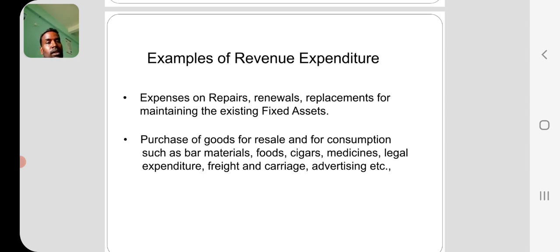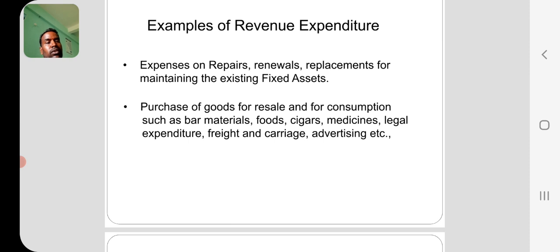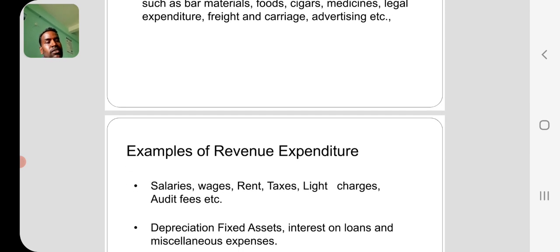Okay. The purchase of goods for resale and for consumption, such as bar materials, food, cigars, medicines, legal expenditure, freight and carriage, advertising, etc. Okay, these come under revenue expenditure.